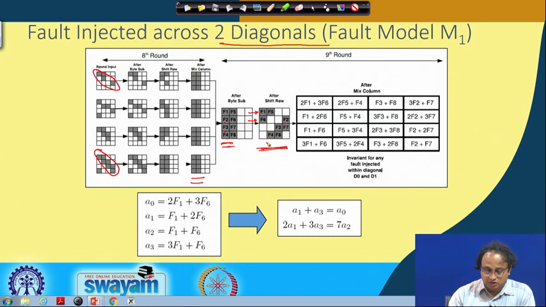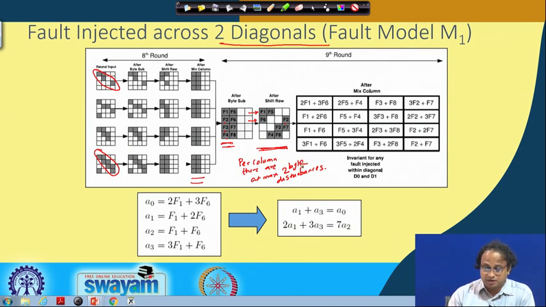So what is the property here? The property here is that per column there are at max 2 byte disturbances.